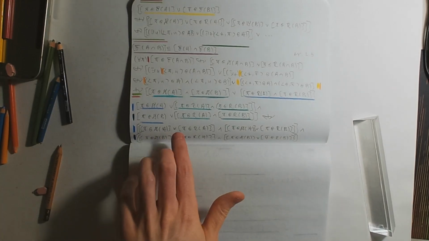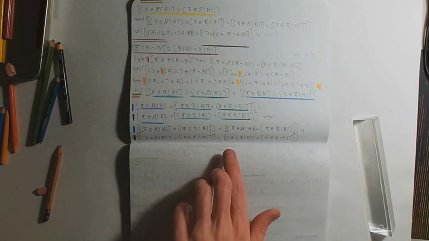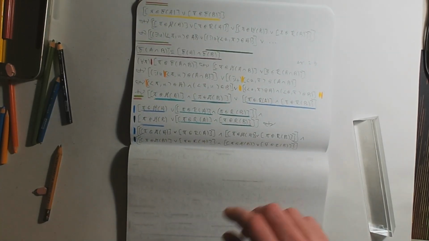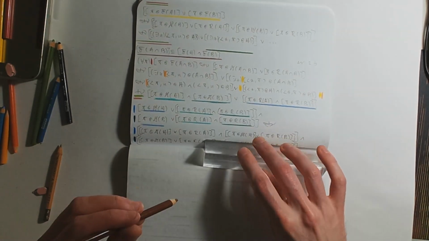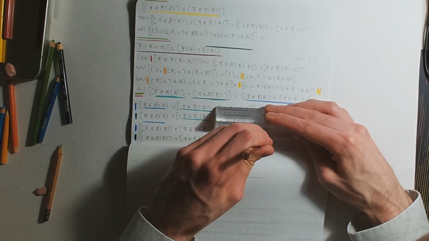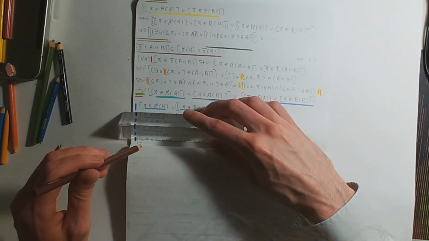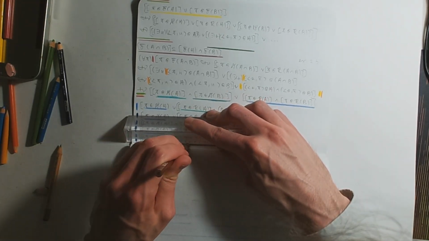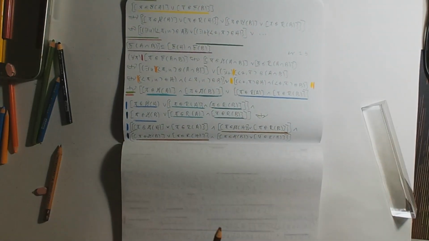We have domain of A, range of A, domain of B, range of B. We'll ditch the terms from which we cannot derive a field expression.